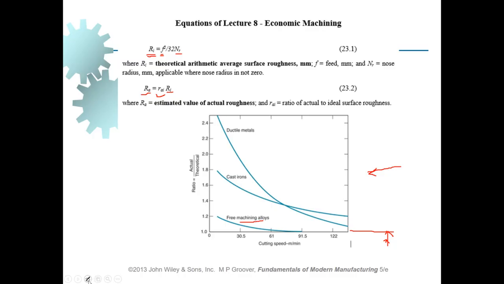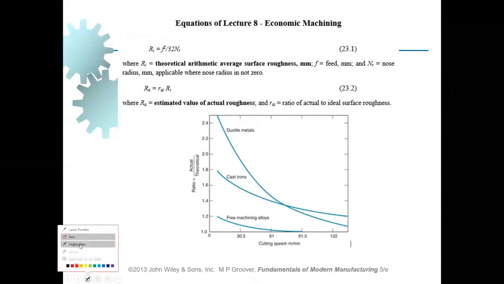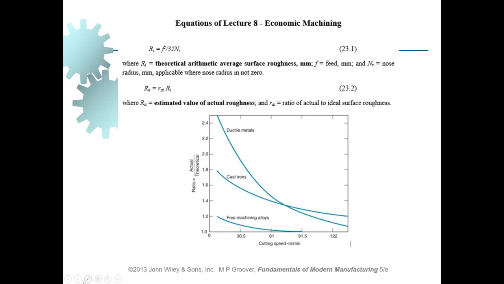In this diagram, if we have the value of cutting speed at hand, the cutting speed is presented in the horizontal axis right here. And this is indeed representing the vibration of the machine tool as well when operation is in progress. If we know the type of the material, one of these three groups should represent it.